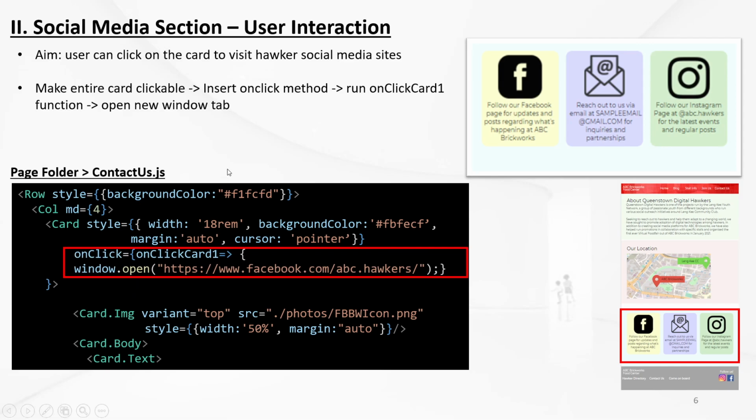It can be any name, but I just named it onClickCard1. And this onClickCard1 will open up a new window tab containing the link to the social media site. How it does so is to use the window.open method.